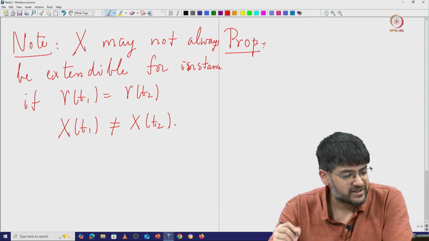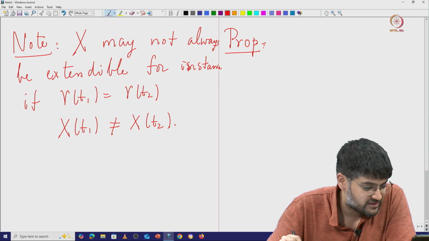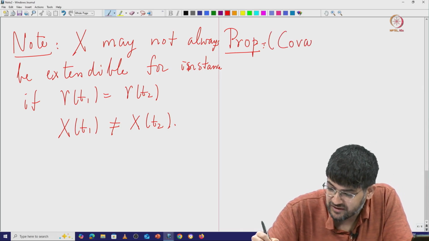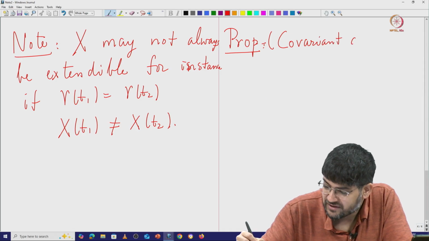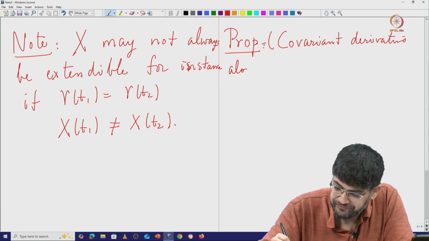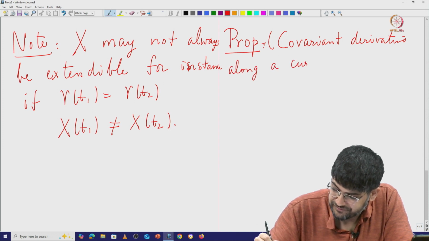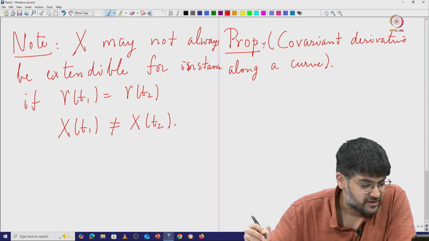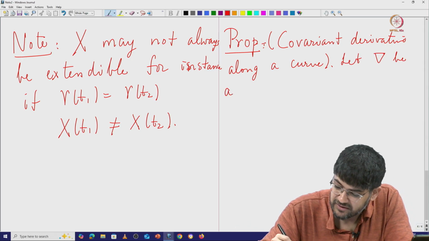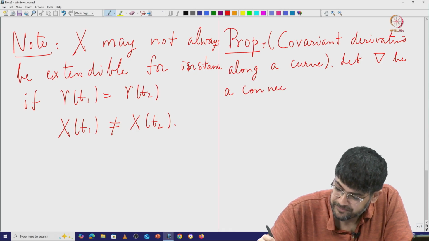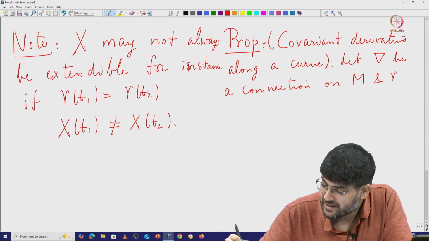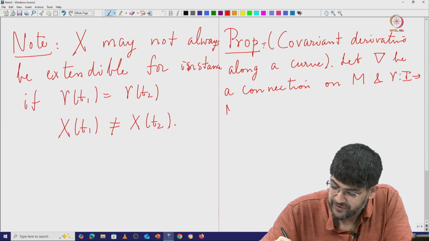So the main proposition that I want to establish in this lecture is the following. So this is covariant derivative along a curve. Let nabla be a connection on M, and let's say gamma is a curve, a smooth curve.